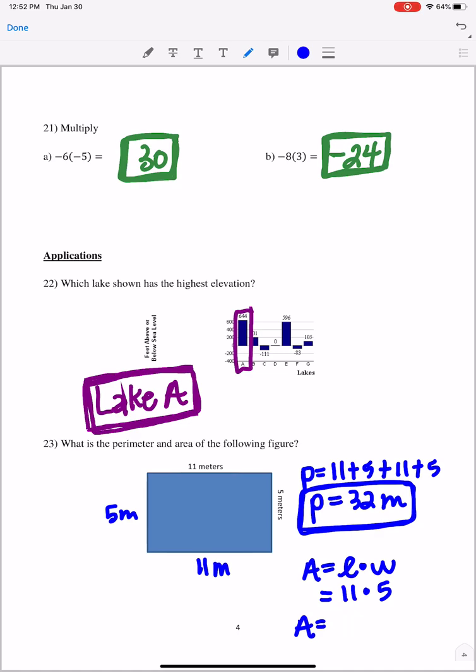And don't forget the correct units. So here it's not just meters, but it is meters squared. Area is always squared. If it's not area, then it's not squared.